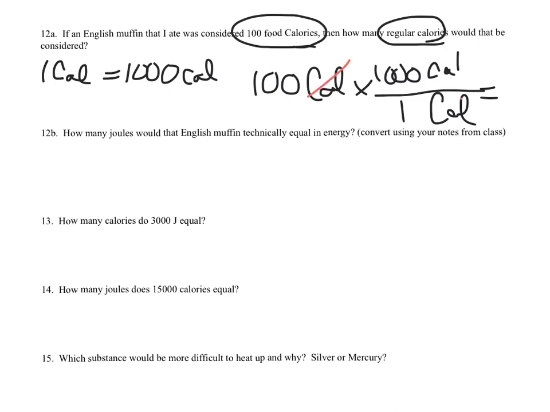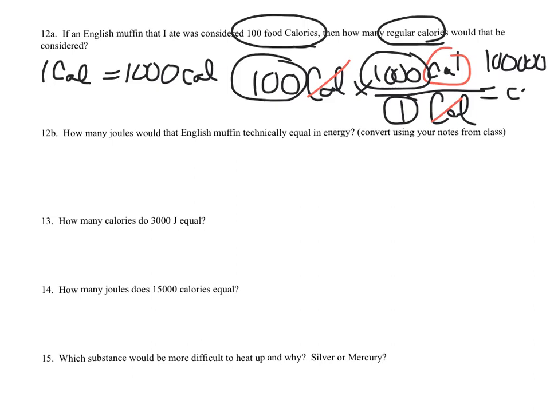We've been canceling out units for many weeks now. Because the food calories cancel out, we can just do 100 times 1,000 divided by 1, which is 100,000 little calories. So as far as conversions are concerned, we're just canceling out the units.